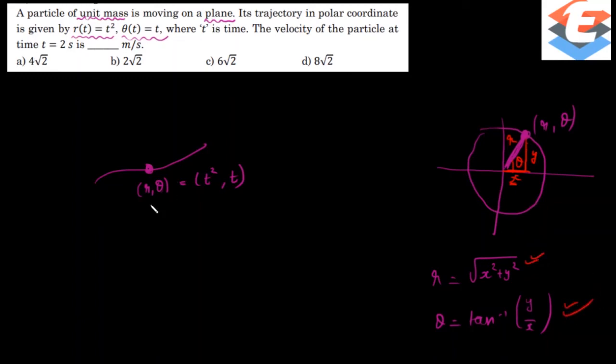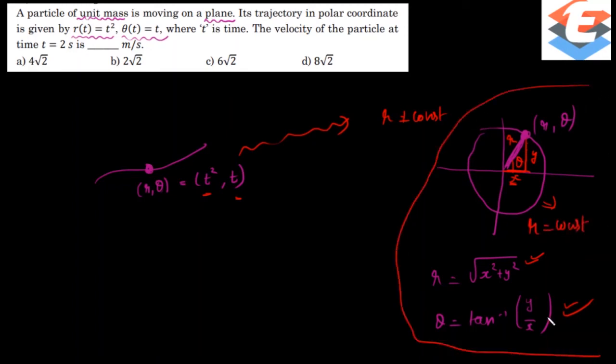And this is something different. They've given r and theta in terms of time, so based on time, r and theta are going to vary. r is not constant in this case, but for a circular motion r will always be constant, as we already know. So this particle is not undergoing a circular motion, right? It is a general motion, but they are mentioning it in terms of polar coordinates.